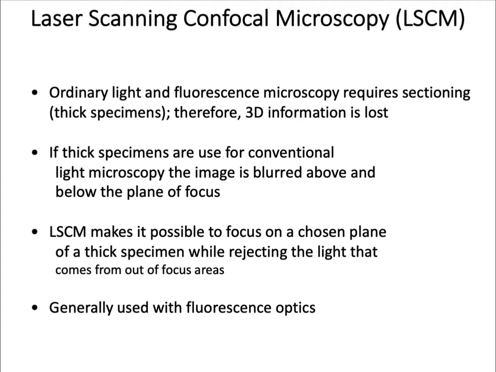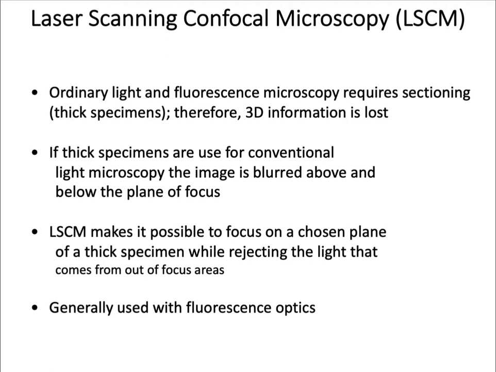Even if you are using a single cell with standard light or fluorescence microscopy, it looks flat and you lose the 3D information. You can't really see what is going on inside the cell, like where the Golgi is in relationship to the nucleus. That question may be hard to answer with standard light microscopy or fluorescence microscopy.